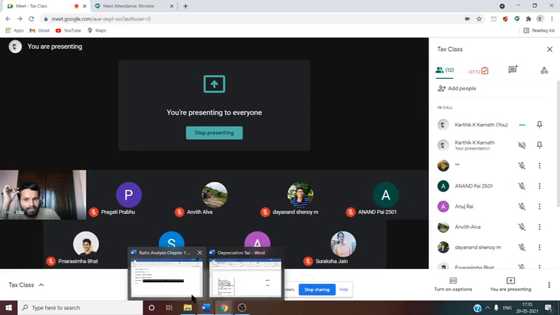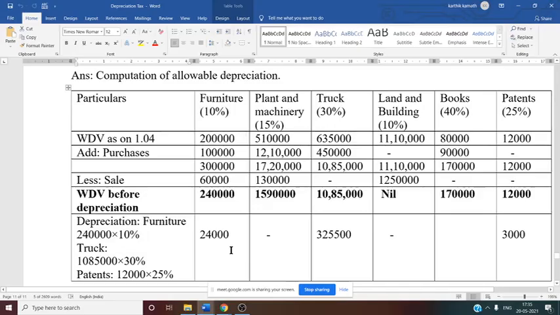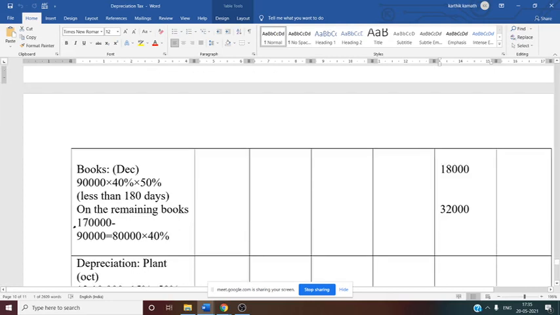See this, written down value before depreciation is the total balance, that is 1,70,000, minus purchases. Since we have charged depreciation on purchases, that purchases we need to deduct. So 1,70,000 minus purchases 90,000, you will get 80,000 as the remaining book balance.